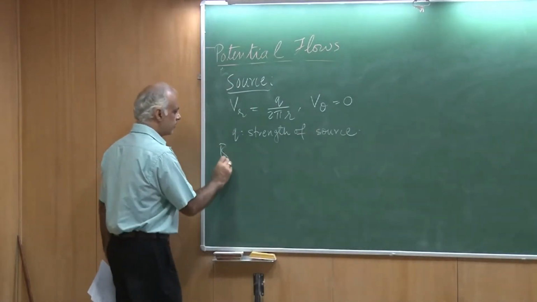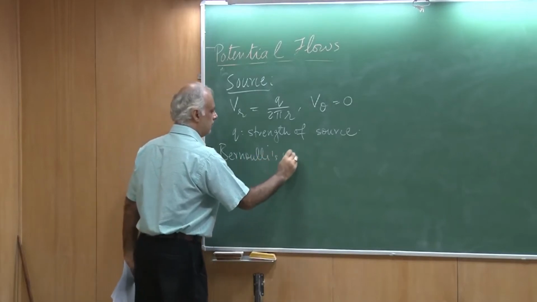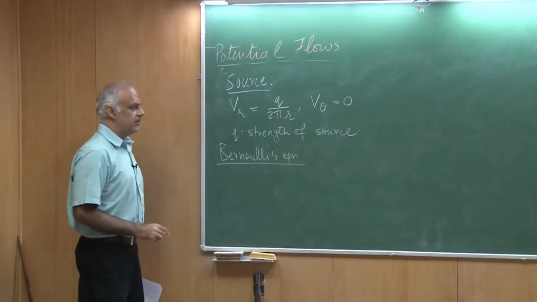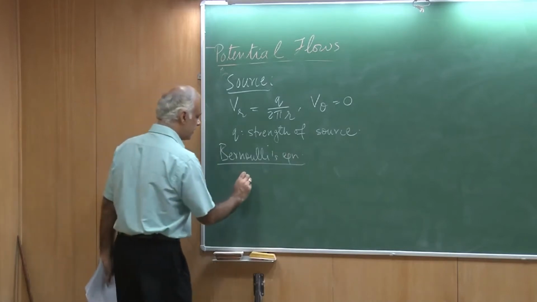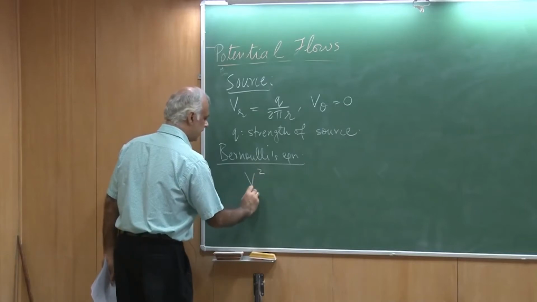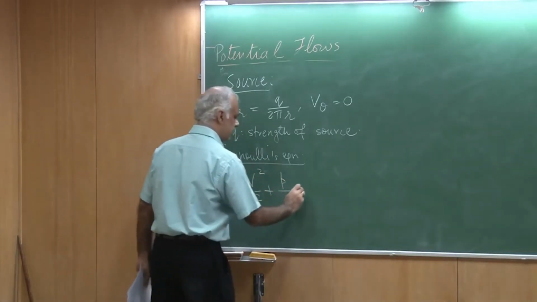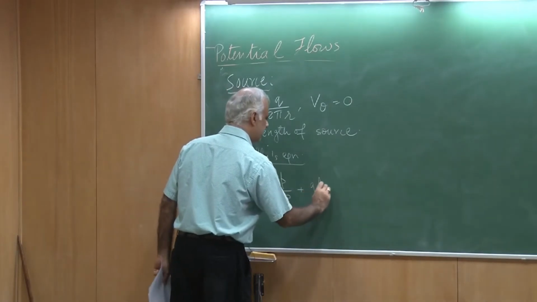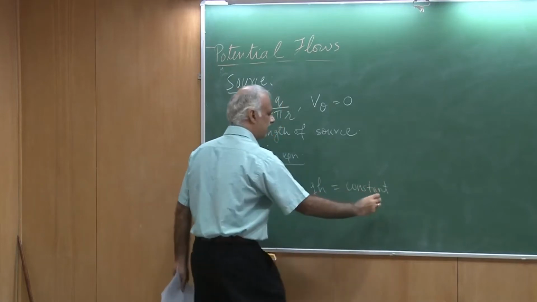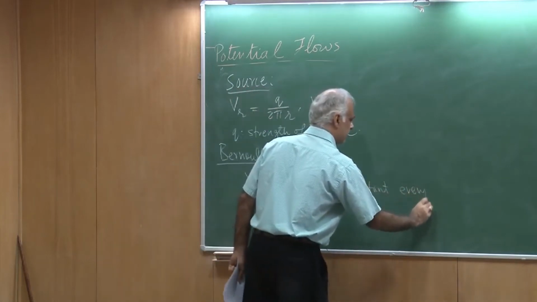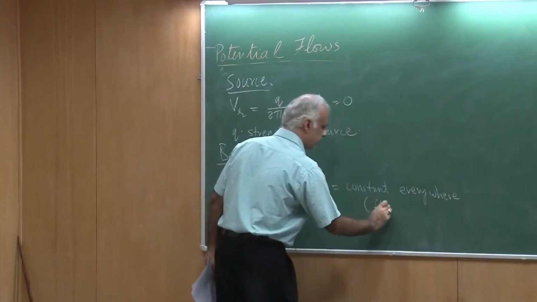Let's use the Bernoulli's equation. We have already shown this is an irrotational flow. So therefore, the equation tells us that V square by 2 plus P by rho plus gH is constant everywhere, because the flow is irrotational.